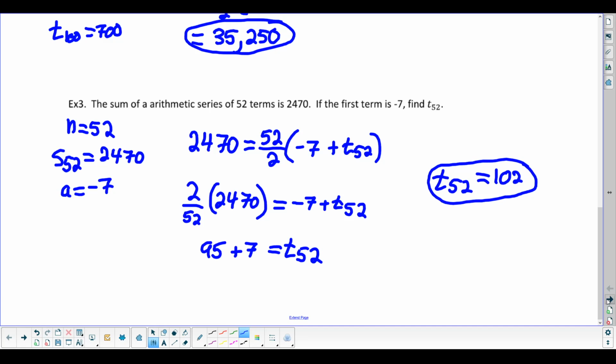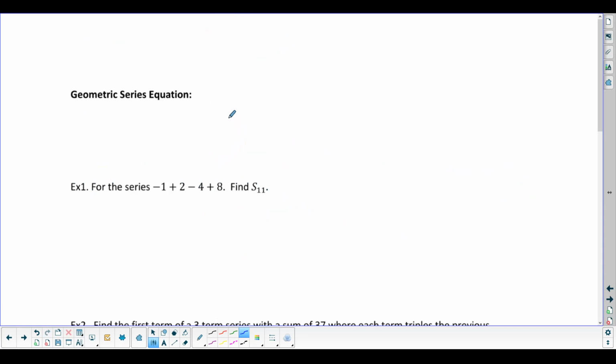So recall that in arithmetic, there's a constant difference between each term, and in geometric, there is a constant ratio between each term. So this is the equation for the sum of the first n terms, Sn equals A times r to the power of n minus 1. Now, one really important thing to note, we're not quite done, but this minus 1 is not in the exponent.